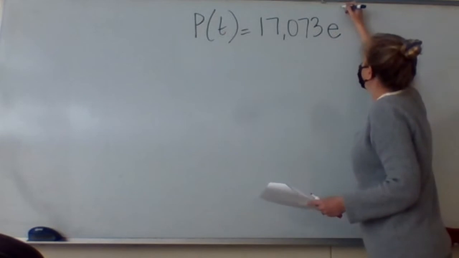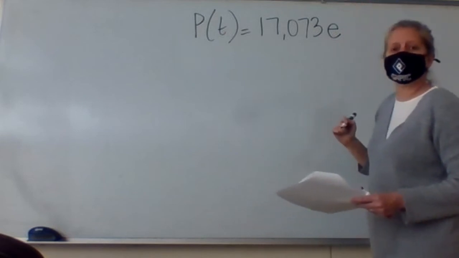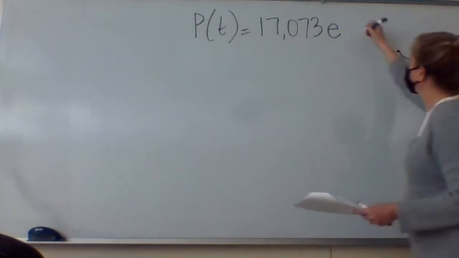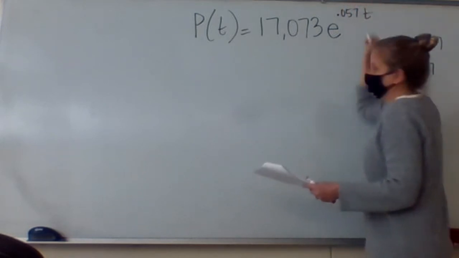Now, up here, you're going to have the rate times the number of years. It does tell us the rate is 5.7% per year, so I need to change that to a decimal, which makes it 0.057 t.